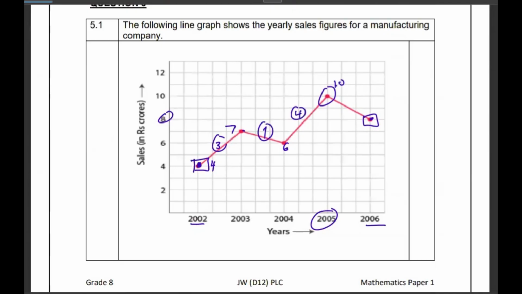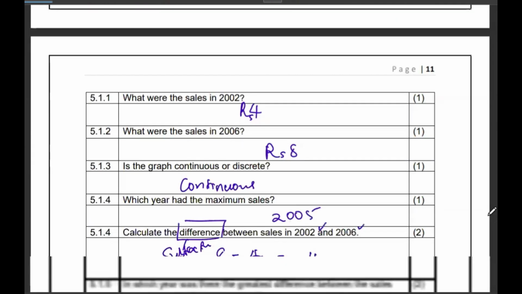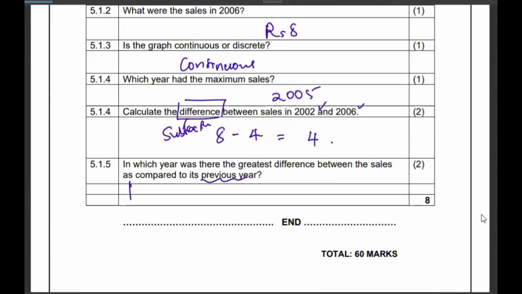This is a 10, this is 8, there's a difference of 2. So the highest difference is between 2004 and 2005. Okay, so I'll say between 2004 to 2005.